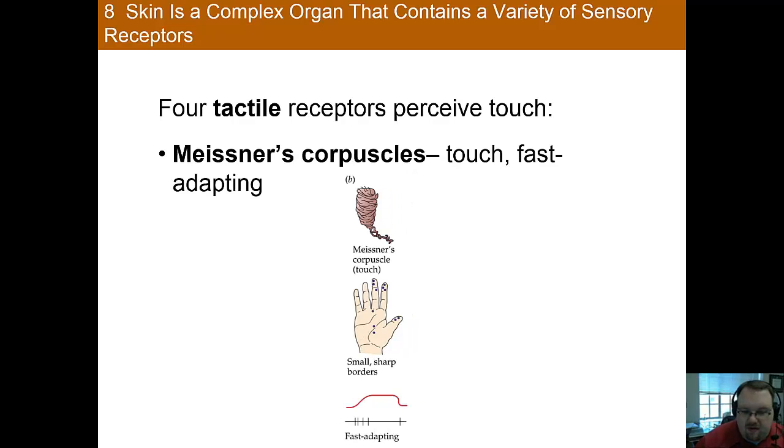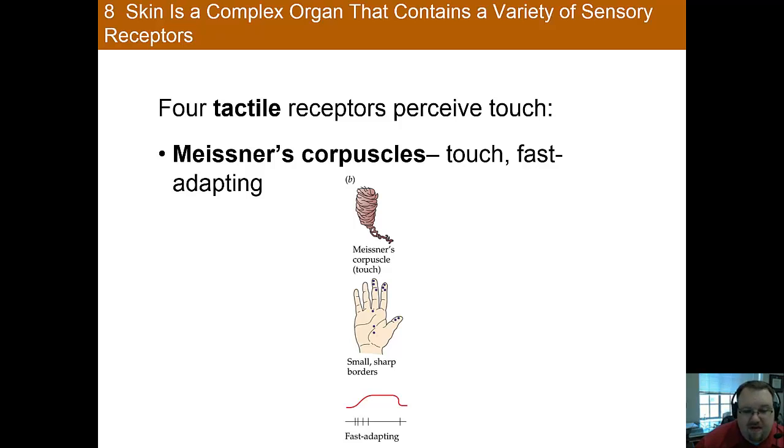Meissner's corpuscles are fast-adapting touch sensors that have relatively small receptive fields. Meissner's corpuscles are much more numerous than Merkel's disks, but they offer lower spatial resolution, meaning that they're not as good at detecting small details as the Merkel's disks.